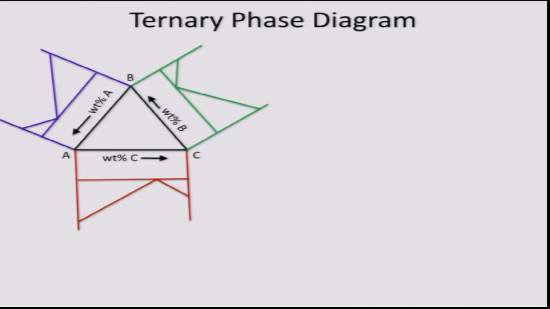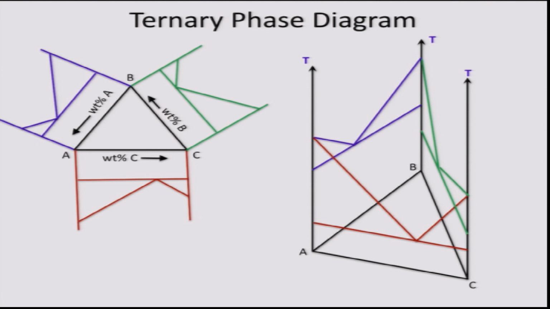So if I make these binary phase diagrams stand up on the edges, it would look something like this. I have not shown the extension of the phases on this diagram into the ternary compositions as yet. Since all three systems are simple eutectics, there are 4 phases in all on this phase diagram.